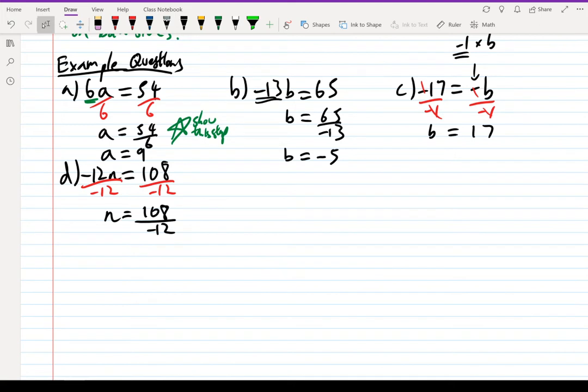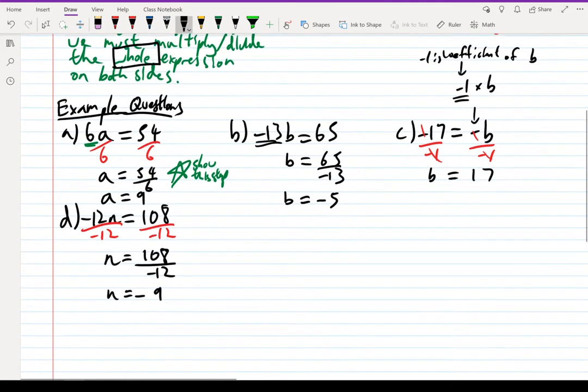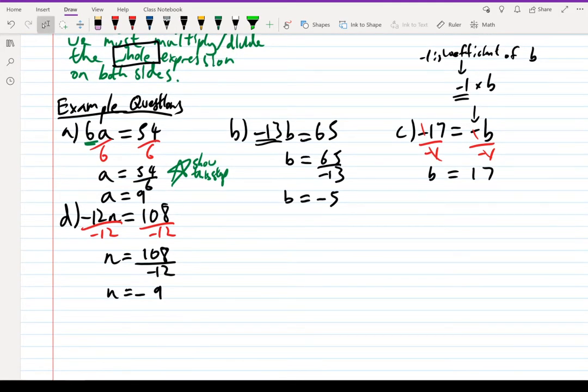And then 108 divided by -12. 108 divided by 12 is 9 times. And so n is equal to -9. So those are 4 example questions on dividing both sides to isolate the variable.